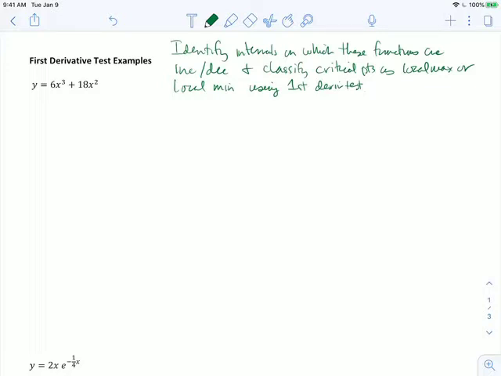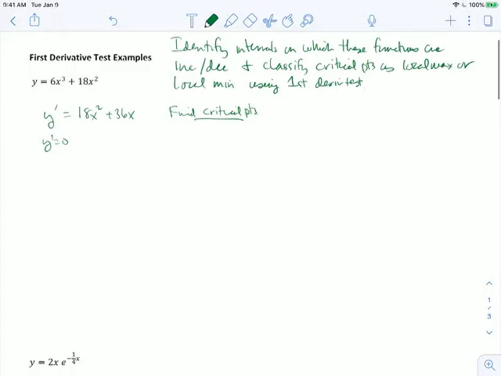So our first step is going to be to find the critical points, and that will be the case in all of these examples. So y prime is equal to 18x squared plus 36x. So find the critical points. I'll set y prime equal to 0 here.